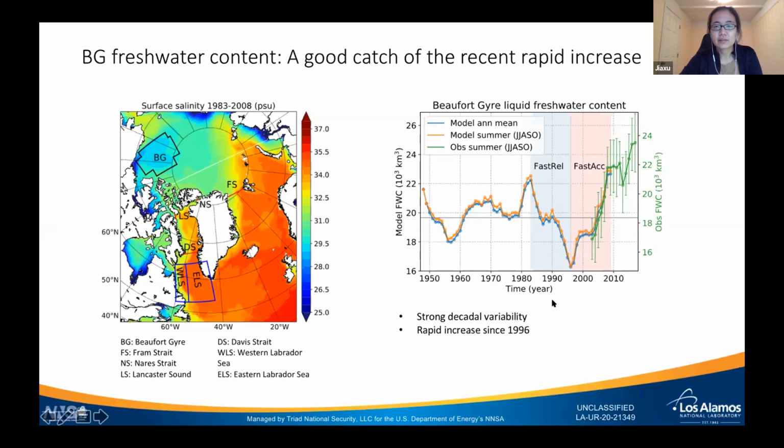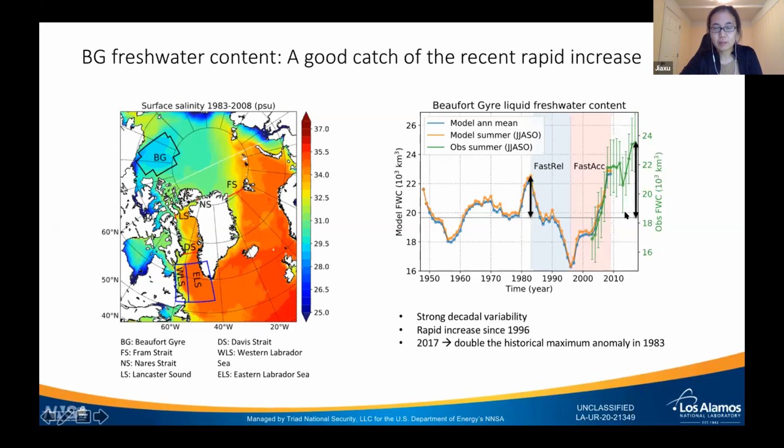You can see that the freshwater content has a very strong decadal variability, and most importantly, it can reproduce the rapid increase seen in the observation. Actually, this increase can be traced back to 1996.